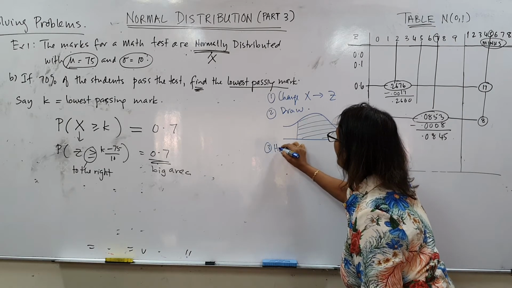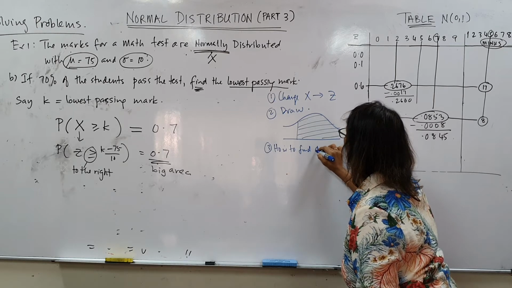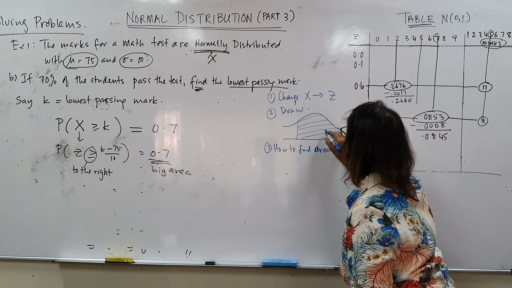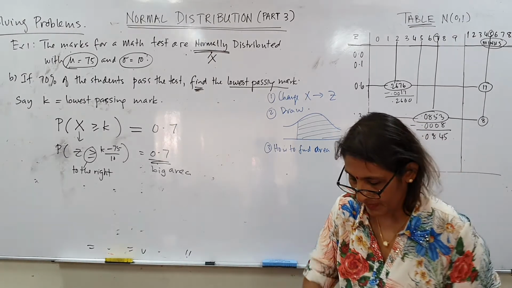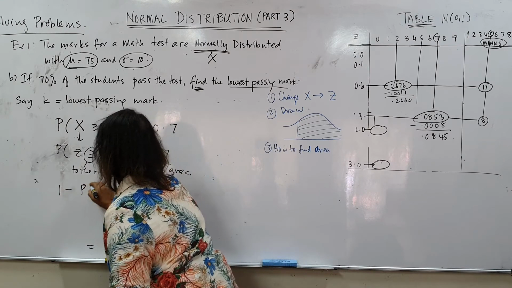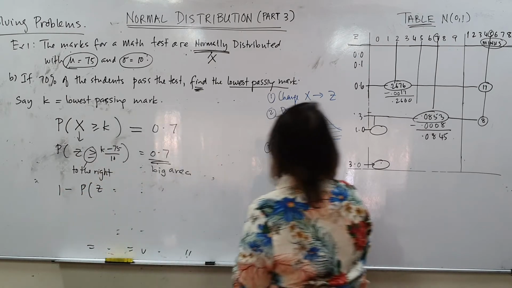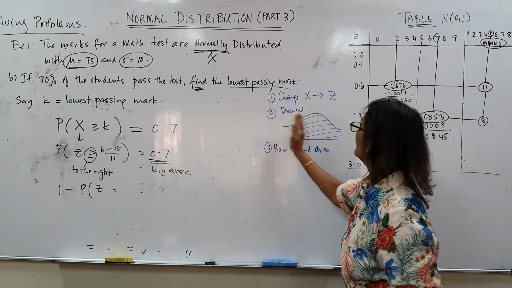How to find this area? We will do that side. 1 minus, see, 1 the whole graph minus this part.